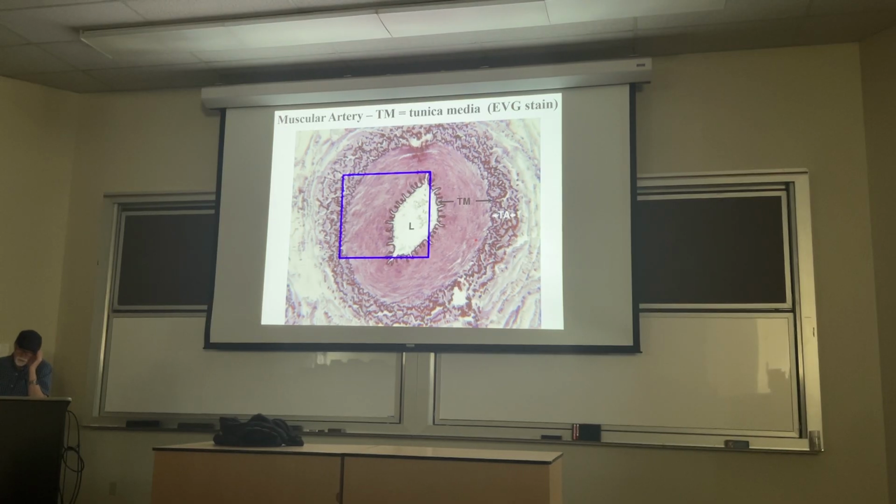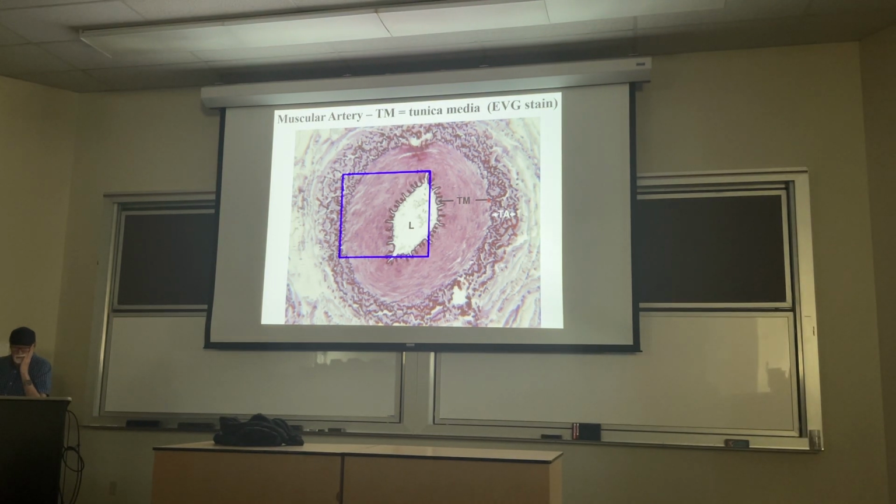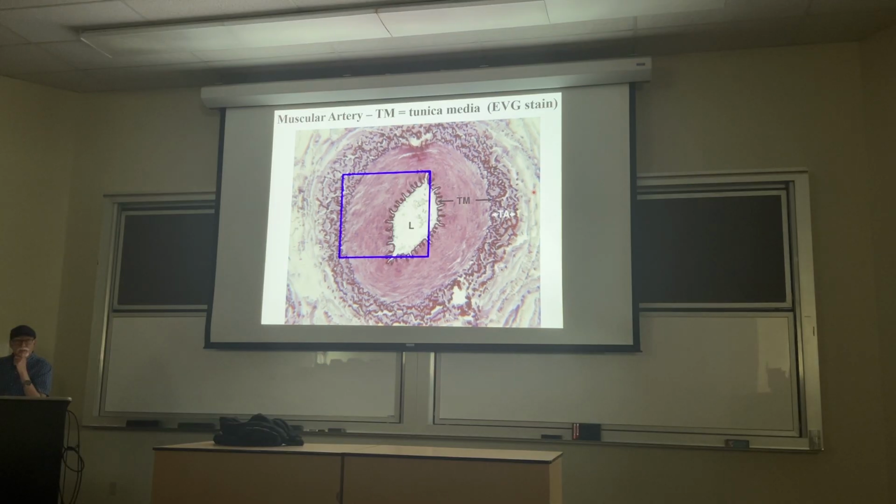Arteries like this, muscular arteries, generally have proportionally a thicker tunica media compared to the tunica adventitia. The veins, it'll be the opposite. You have more tunica adventitia compared to the tunica media.